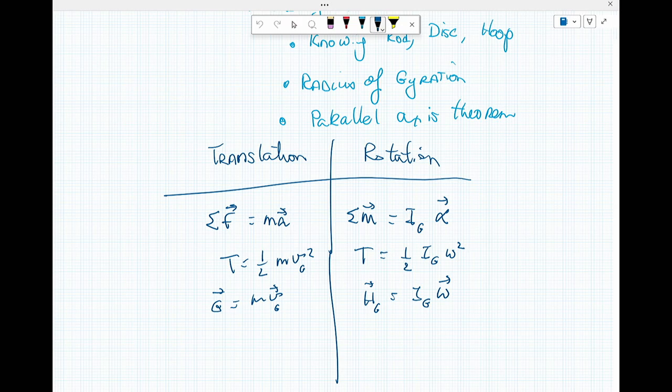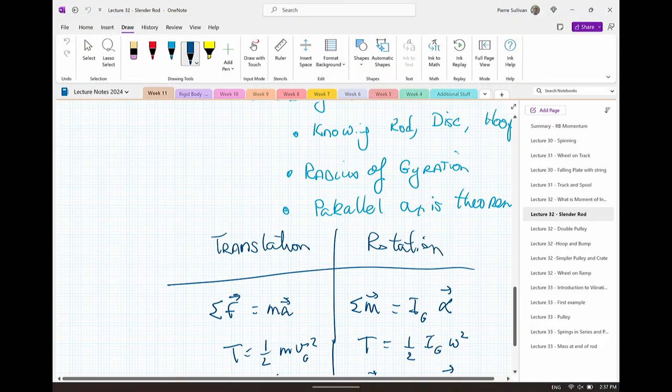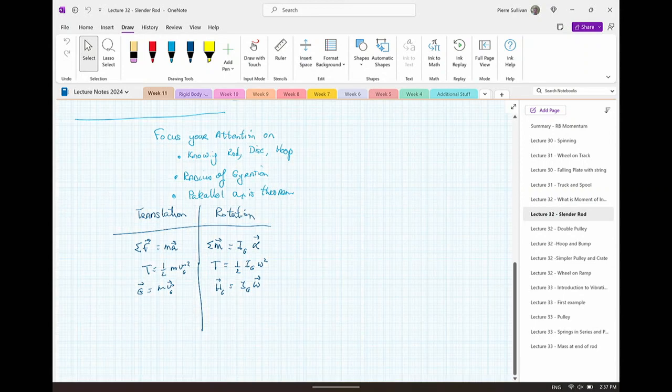Questions? Really, the important point here is if you focus only on that and know how to do these equations and these problems, you should be able to handle everything. You don't need to go back and rethink what moment of inertia is.